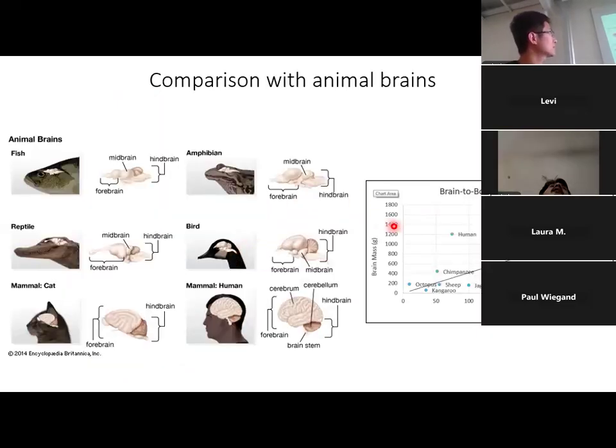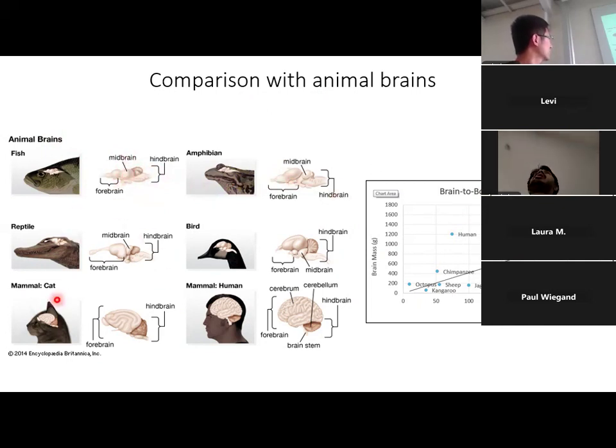Let's compare roughly the brain mass and body weight in different species. And we see humans are kind of outstanding, so let me explain. If we start from lower-level animals, you see their brain structure is very simple and the surface is very smooth, right? Like in this fish and so on.